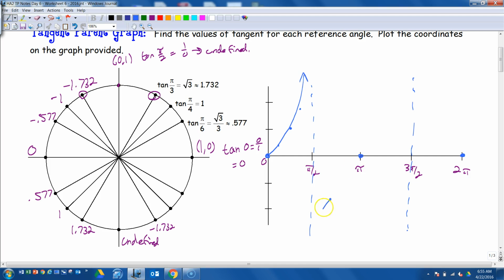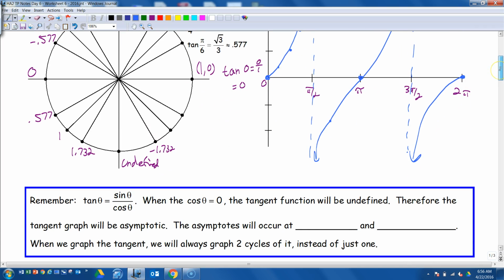So if you see the pattern, tangent kind of looks like this. And remember how tangent has 2 cycles in 360 degrees, or 1 cycle in 180. So that is the graph of tangent.